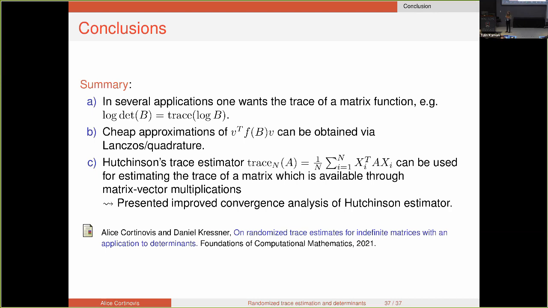But in some cases you really see that this condition number matters. It can be tight, yeah. I don't know how tight, but for sure if you have a bad condition number, this thing is not converging nicely, which is a problem.